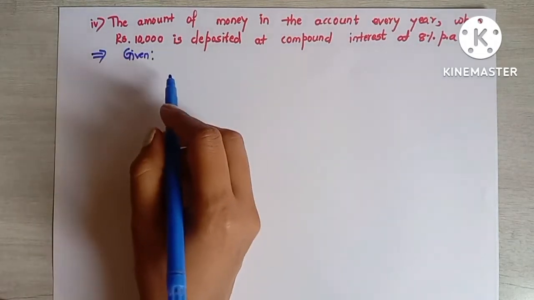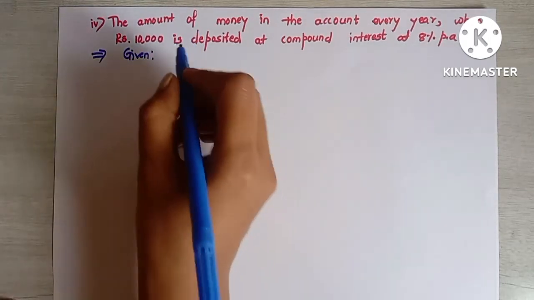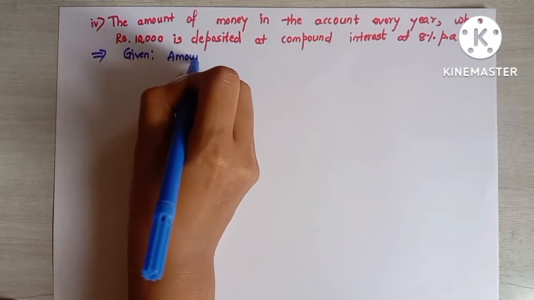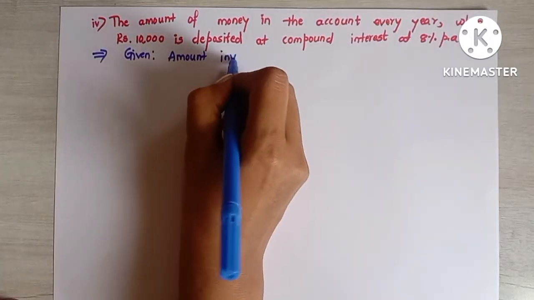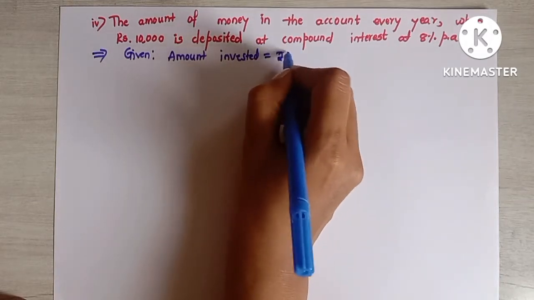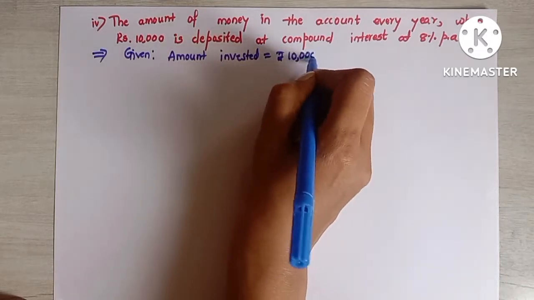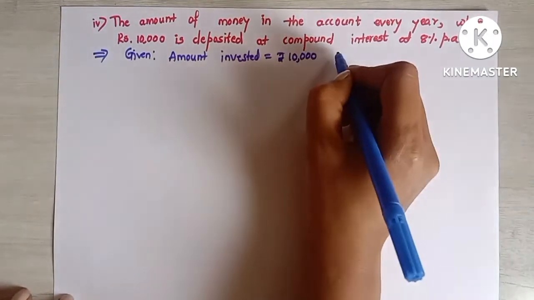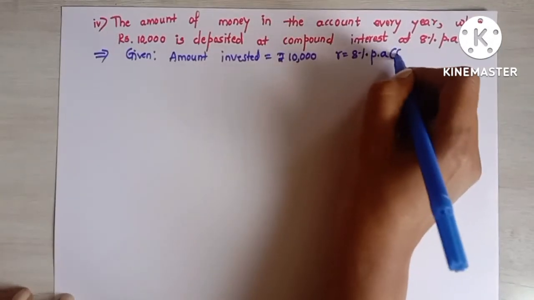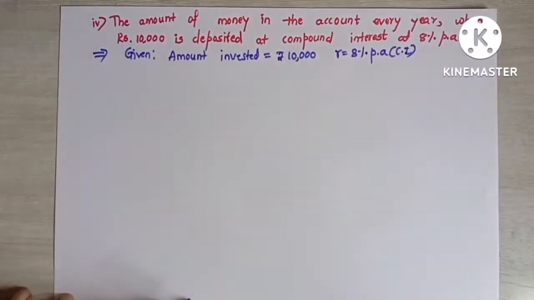So what is given? The amount invested, that is rupees 10,000, with rate of interest 8% per annum, that is compound interest.